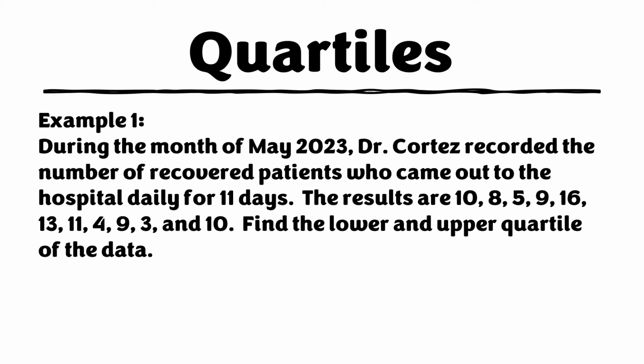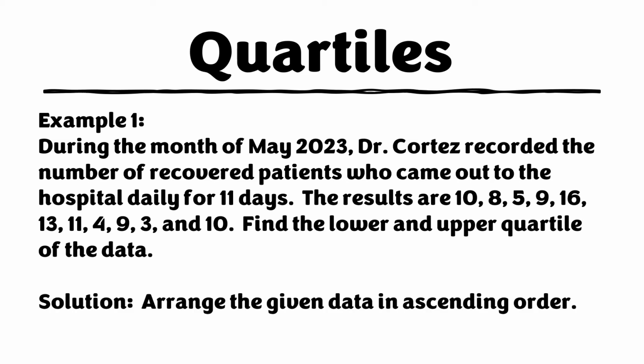Find the lower and upper quartile of the data. So first step is we're going to arrange the given data in ascending order, meaning we will arrange all the given data from the lowest to the highest.